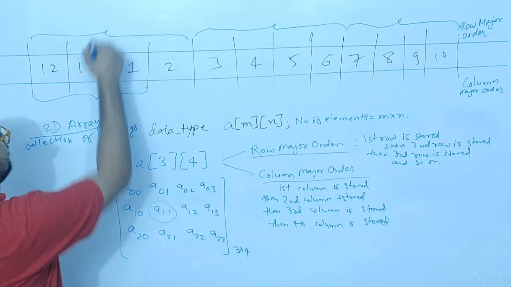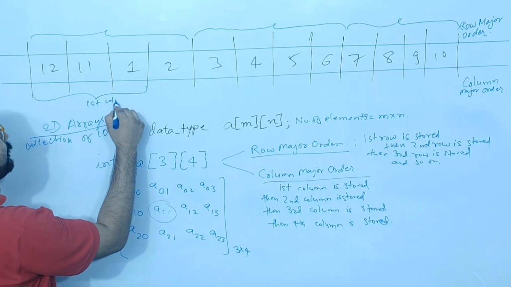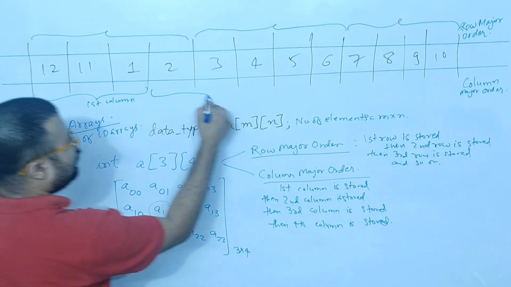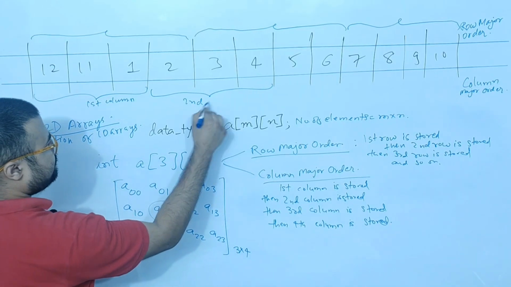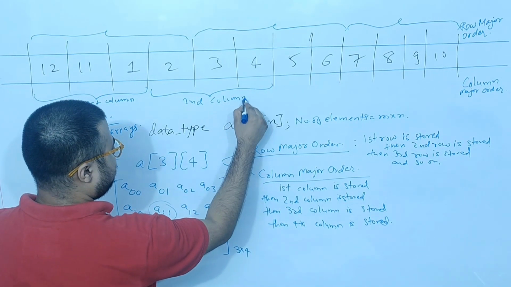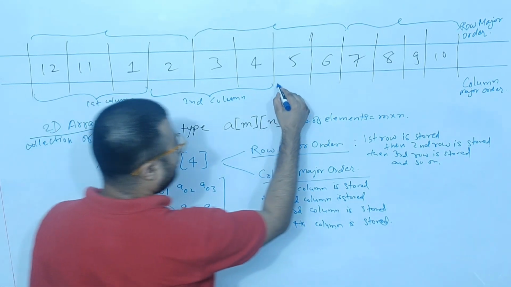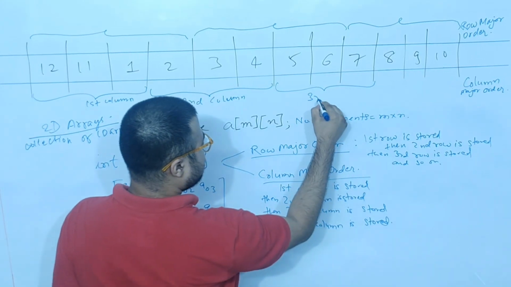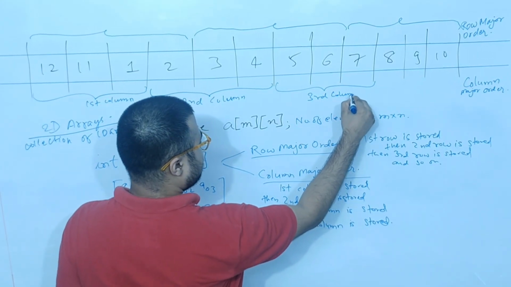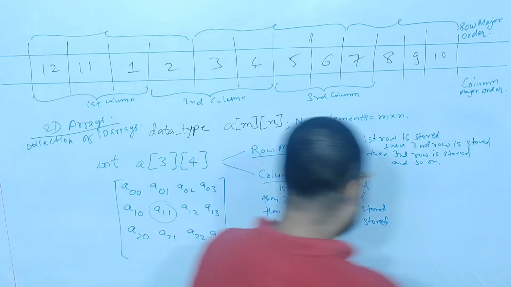This is the first column, this is the second column, this is the third column, and this is the fourth column.